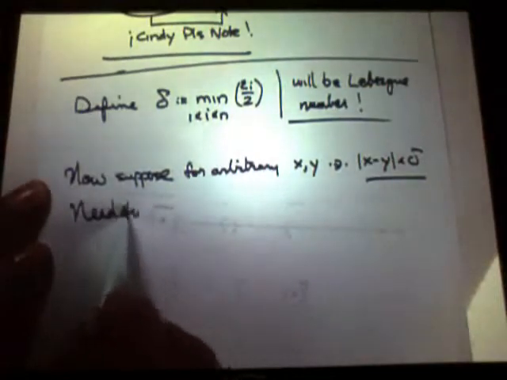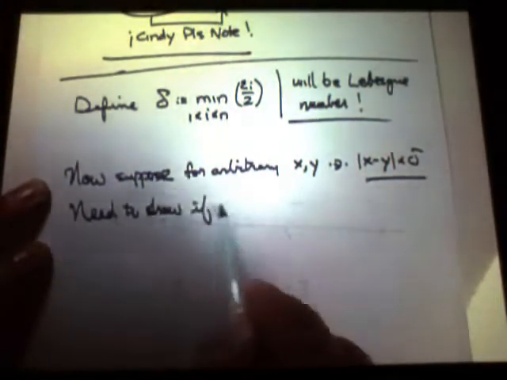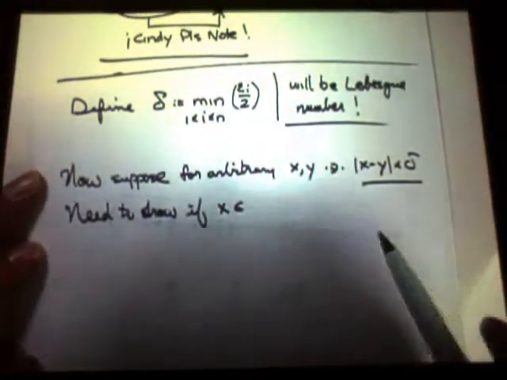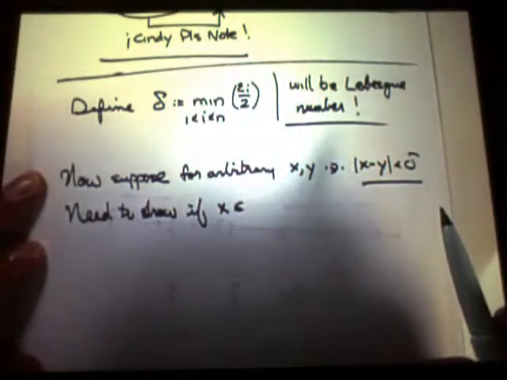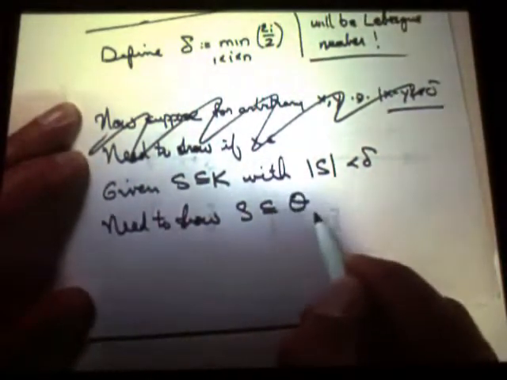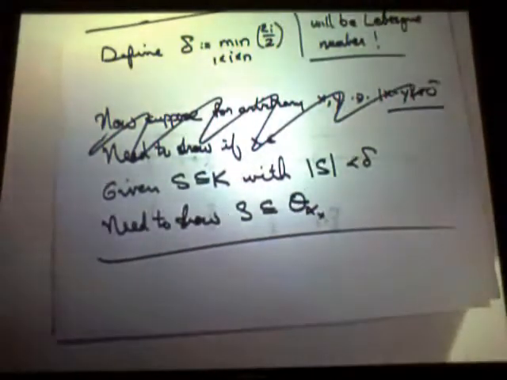Need to show what? Given S a subset of K with the length of S less than delta, we need to show S is contained in one of the original cover sets, right?